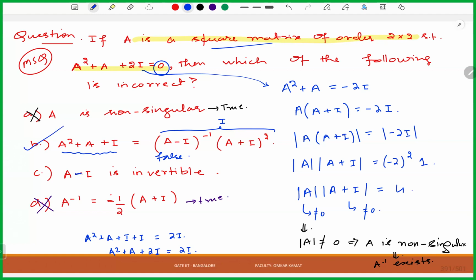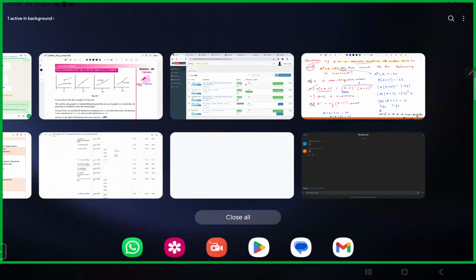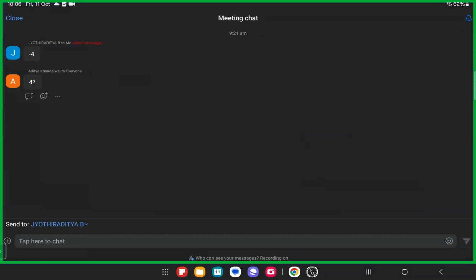A minus I is invertible matrix. You people tell now. Correct or false? Tell first. True.